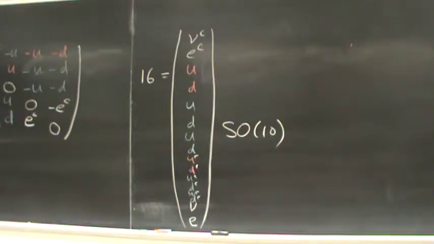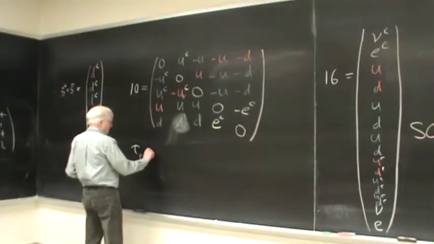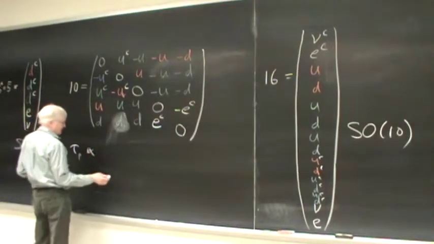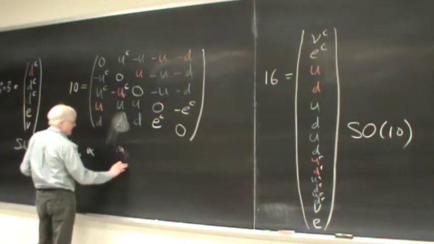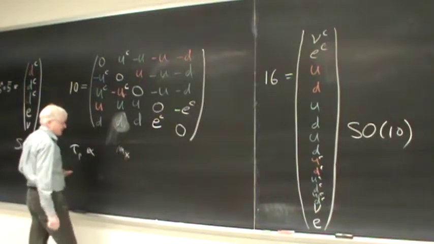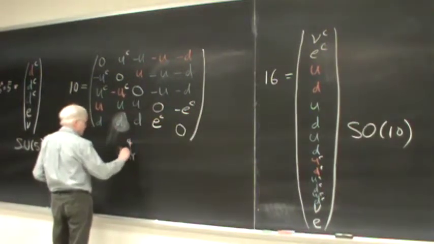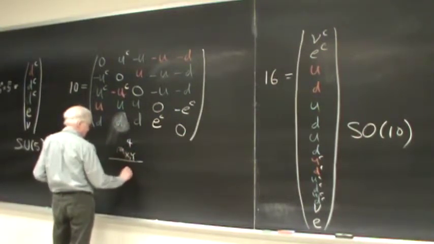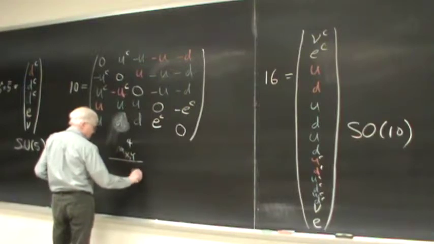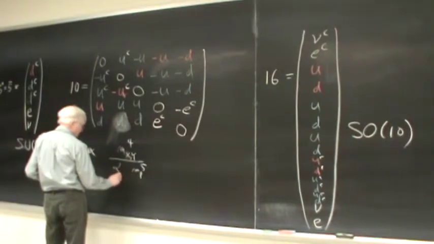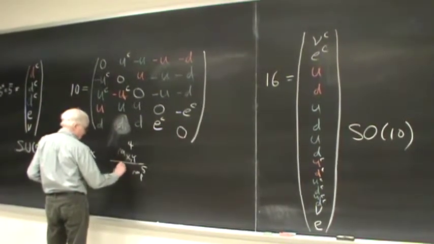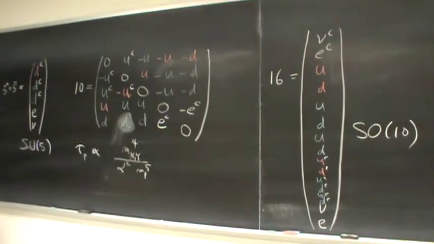And so then the rate, or the lifetime of the proton, was proportional to the mass of these new bosons, which were called X and Y, to the fourth power, divided by the mass of the proton to the fifth power and alpha squared, alpha being the fine structure constant of the grand unification group.